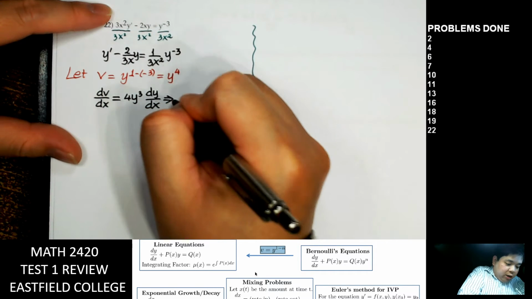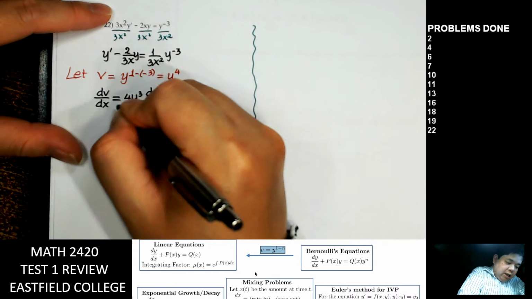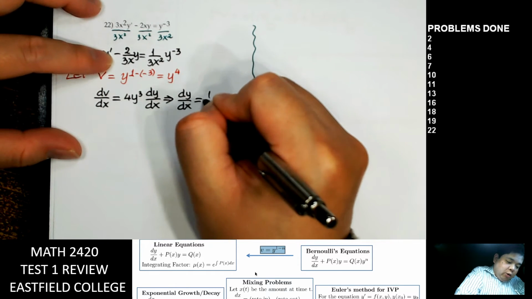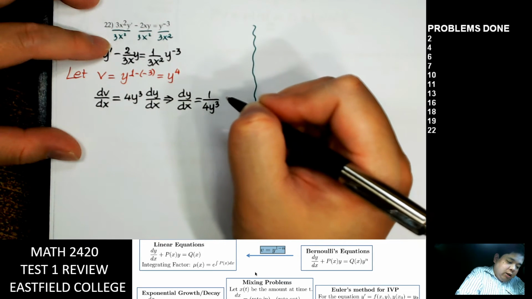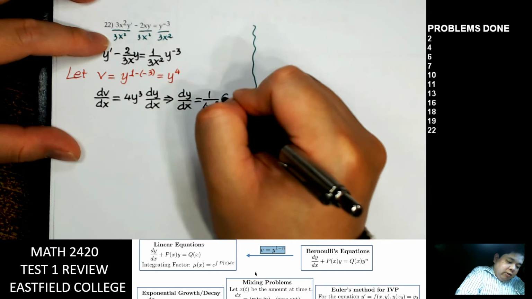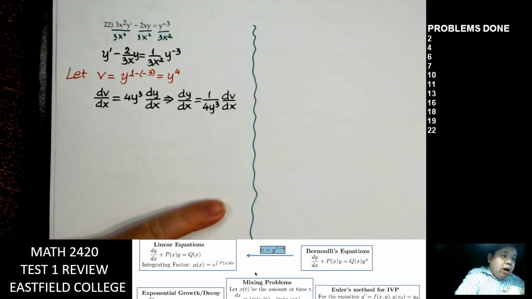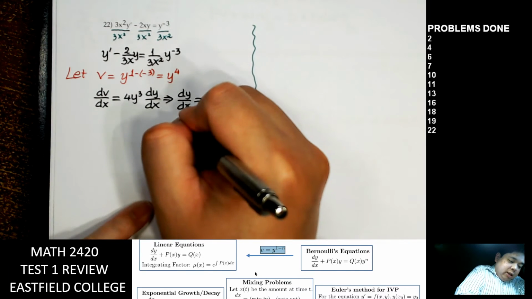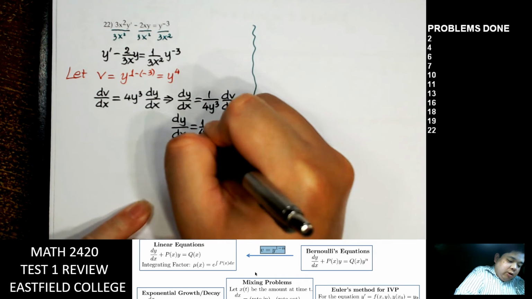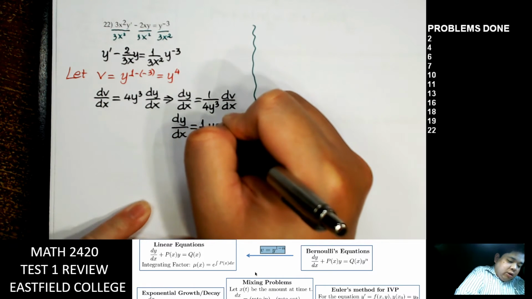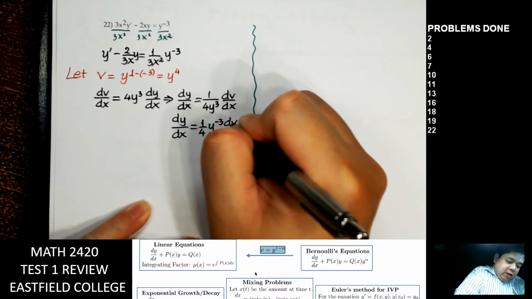So if we want dy over dx, it is going to be 1 over 4y cubed dv over dx. Actually, let's move the y cubed up. So let's say dy over dx is 1 over 4 y to the negative 3 dv over dx.